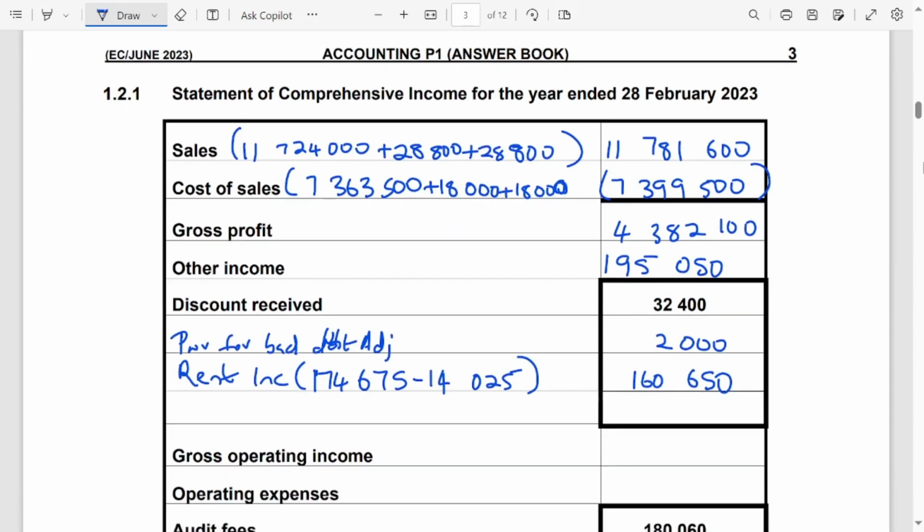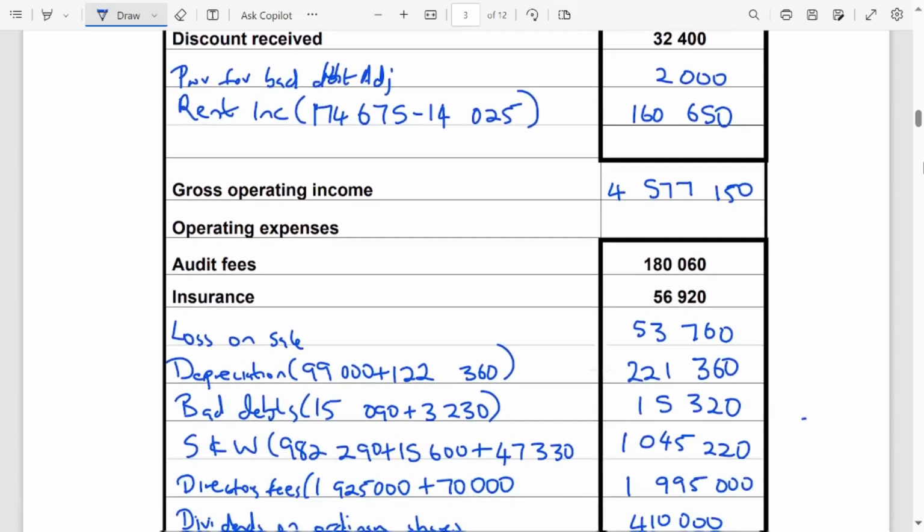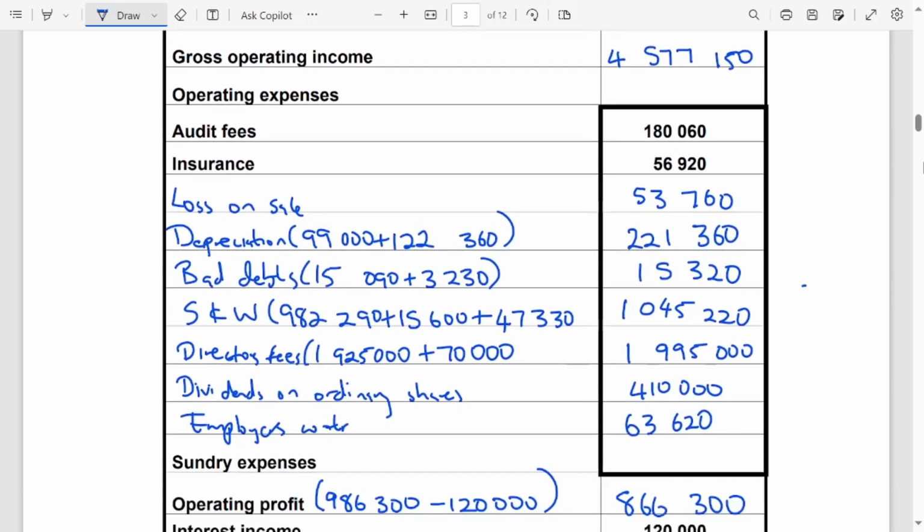Now for gross operating income, we have to add other incomes. So which is going to be 4,577,150. Then now to find the other operating expenses.